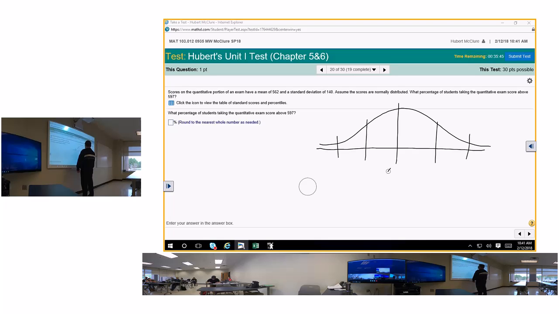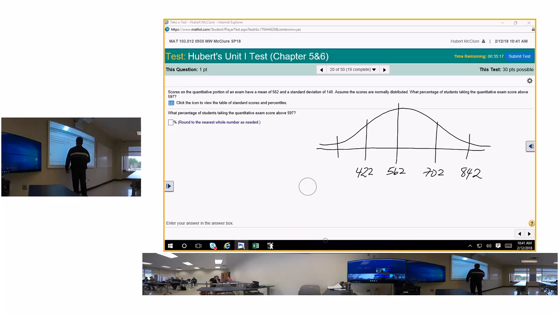562 plus 140 is what? 702. And 702 plus 140 would be 842. Yes. Okay, you're going to have to subtract for me because I'm bad at subtraction. 562 minus 140 is 422.